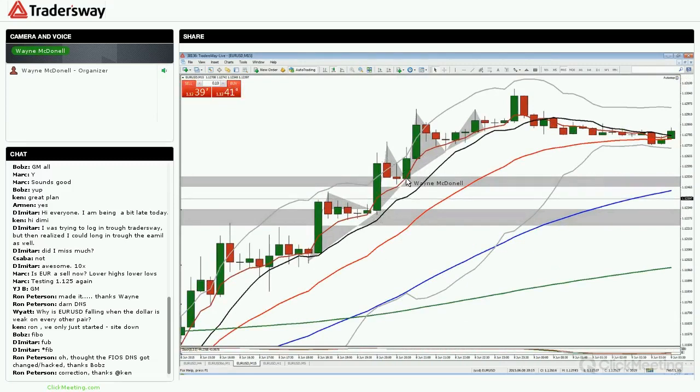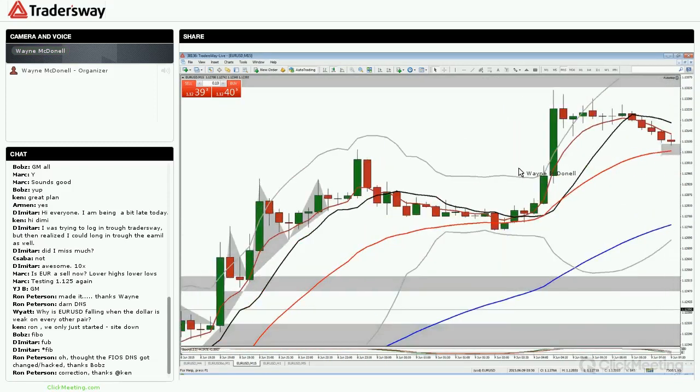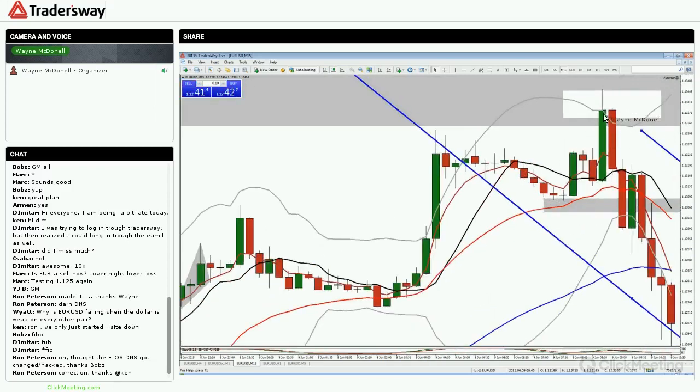Higher high, higher low, gone. Higher high, higher low, gone. Higher high, higher low, right? There's a little buy in here. And this is London Open.